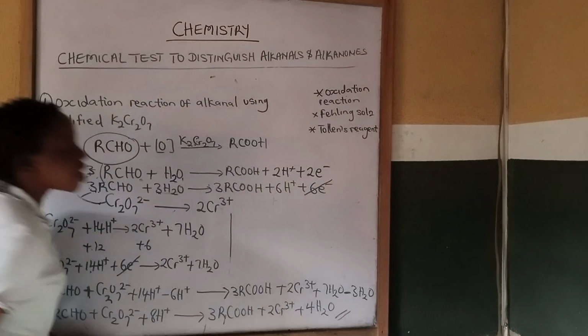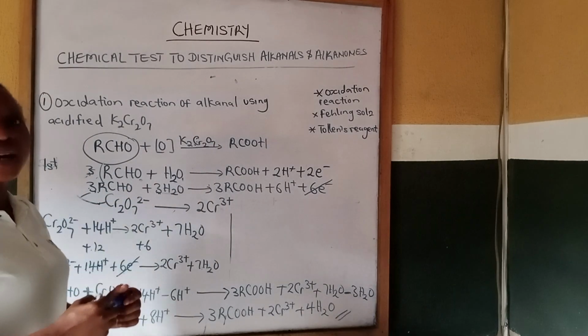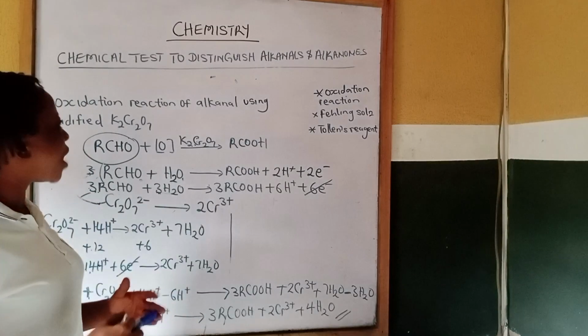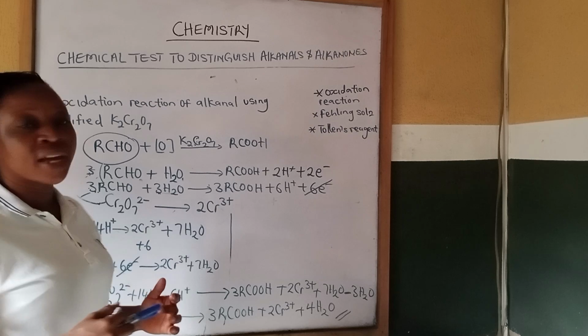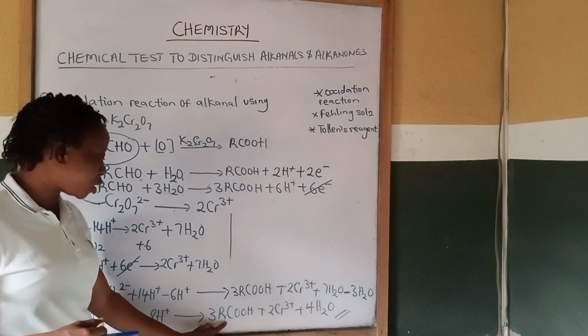So this is our chemical reaction in an acidic medium. That is, if you were asked to write your chemical reaction for oxidation of alkanal to alkanoic acid in an acidic medium, this is how you are going to write your chemical reaction for that.